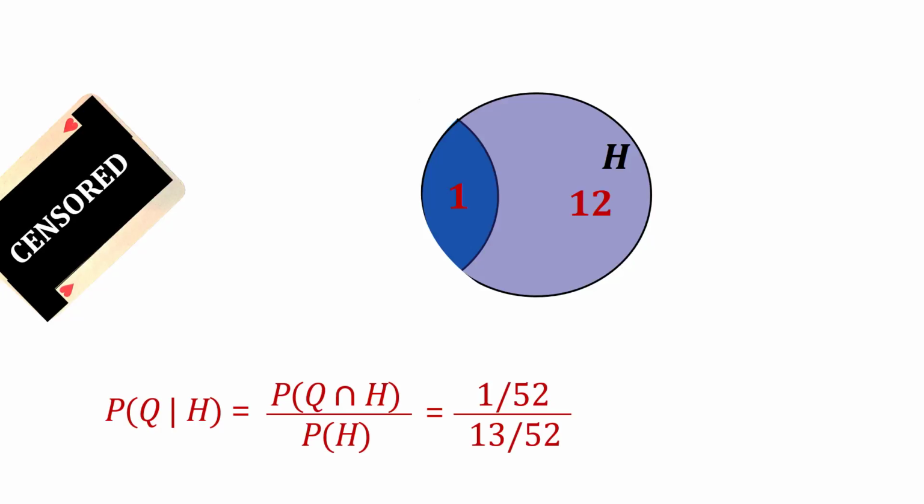Well, just one, the queen of hearts, so that's 1 out of 52 in the numerator. And there are 13 hearts in the deck of 52 cards, so 13 out of 52 is the denominator. And we notice that in each of those parts, the 52 cancels, and so we're left with 1 out of 13, the same thing we had from looking at the Venn diagram, or 0.0769.